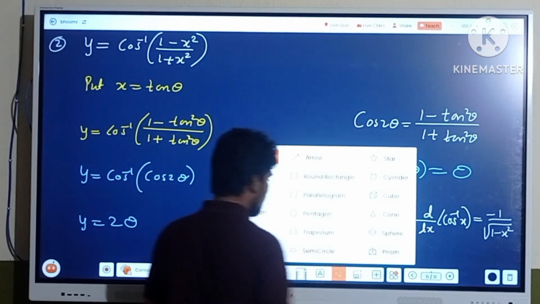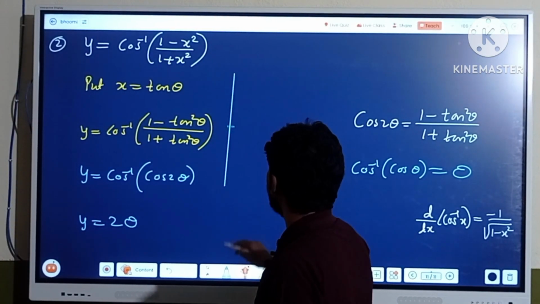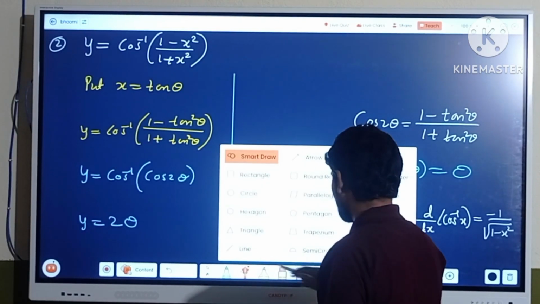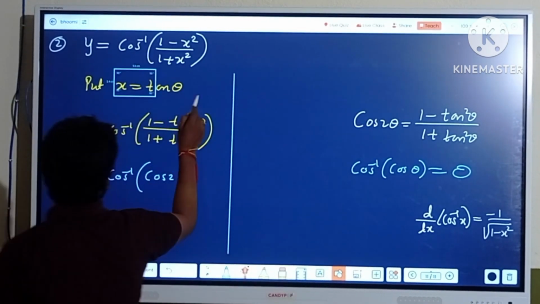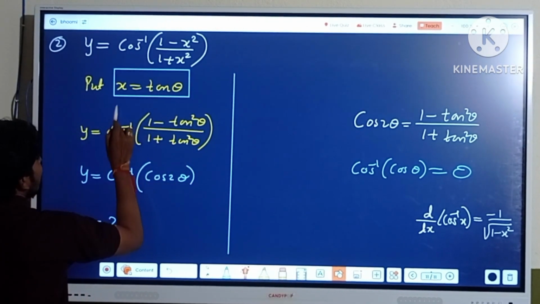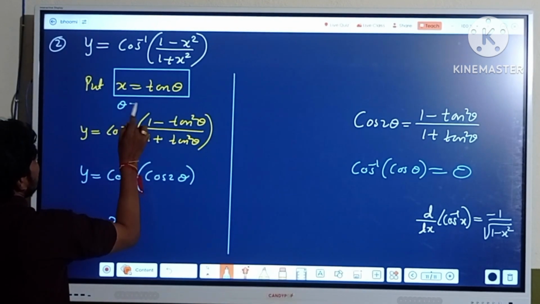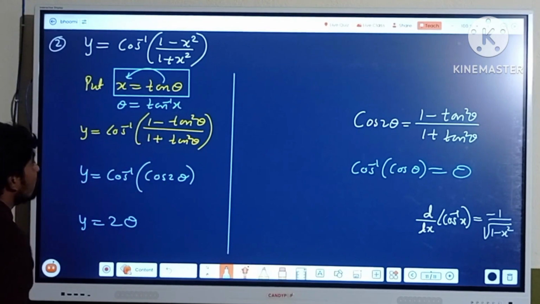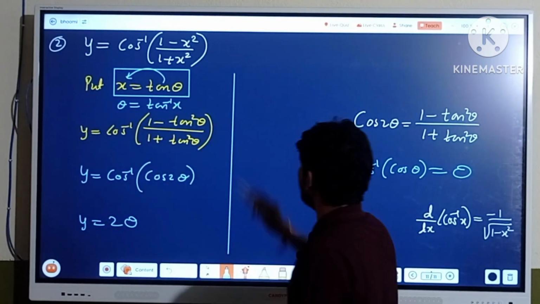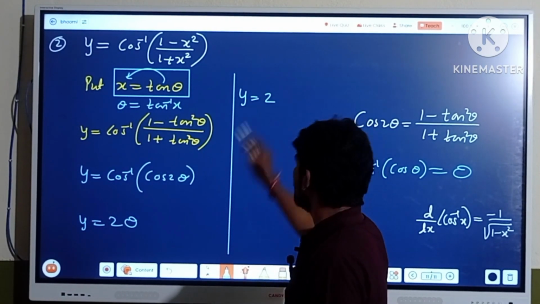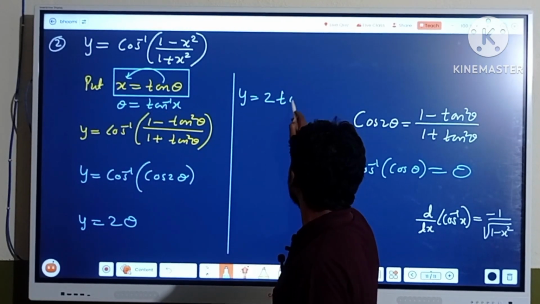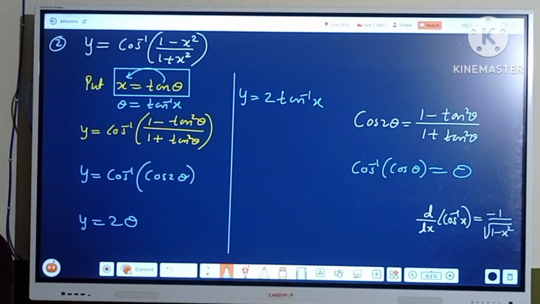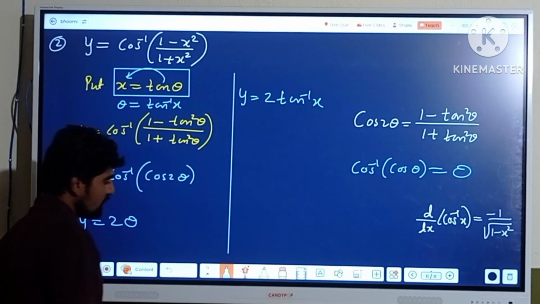Now again by using the substitution, x is equal to tan theta. So if x is equal to tan theta, what is theta? Definitely theta is tan inverse x. Therefore from this substitution, y becomes 2 into theta, where theta is tan inverse x. Now we have written the simplest form of the given inverse trigonometric function, so easily we can differentiate.